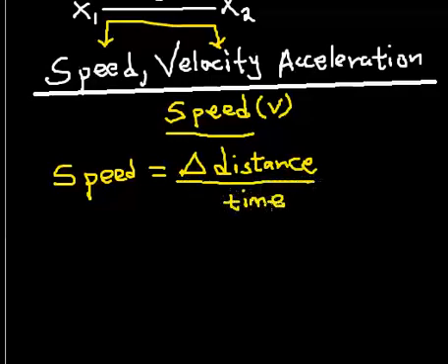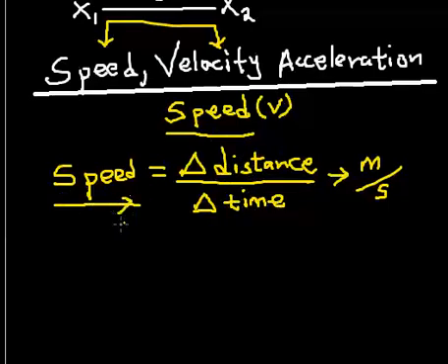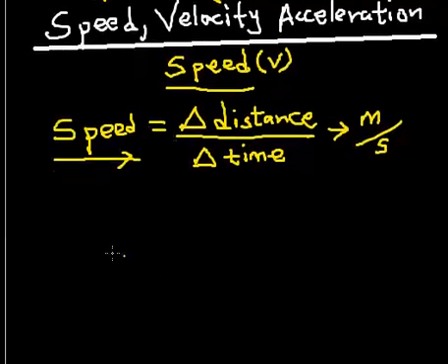The SI unit of distance is the meter, and the SI unit of time is the second, so speed is meter per second. So how does the object change distance with time? If an object covers a longer distance in a shorter time, then it is said to have a greater speed than an object that covers the same distance in a longer time. I believe you understand what I mean by that, right?